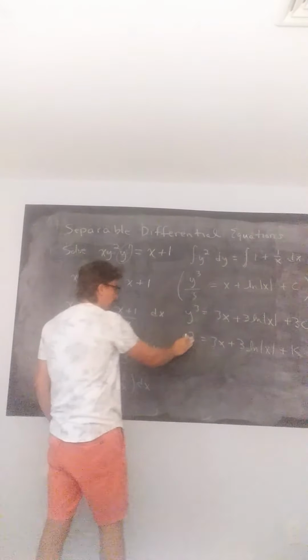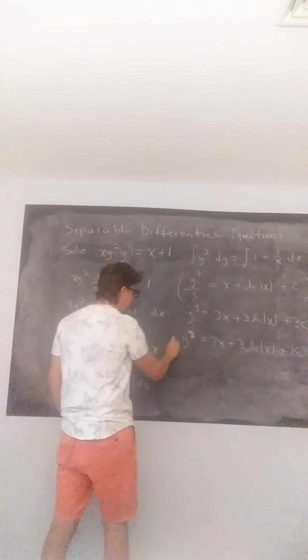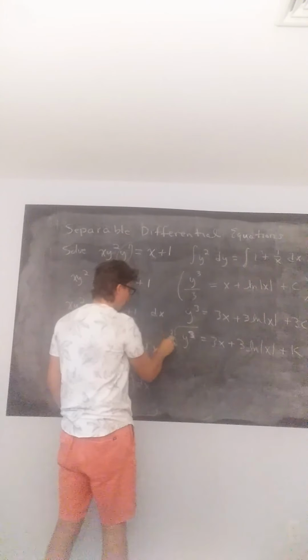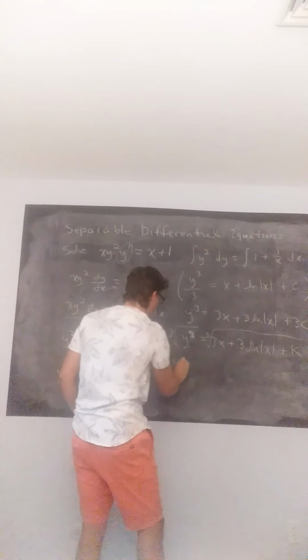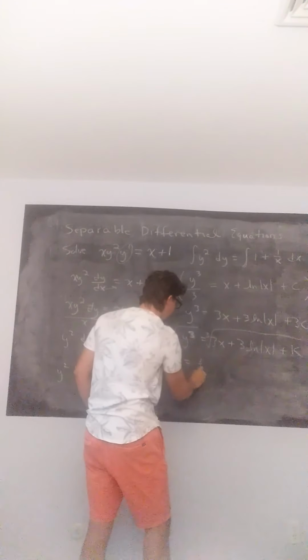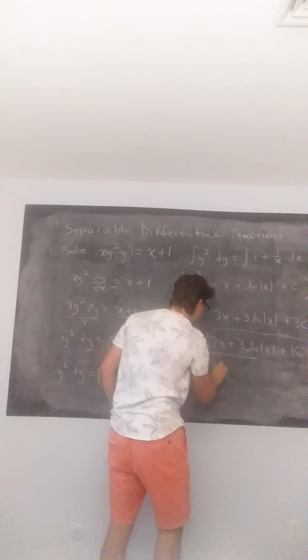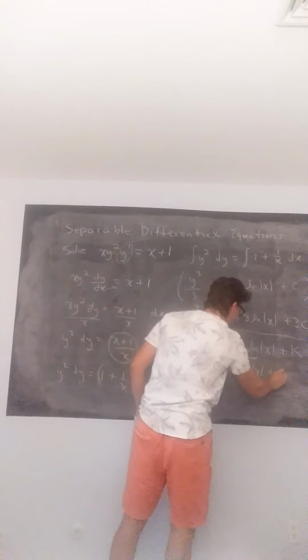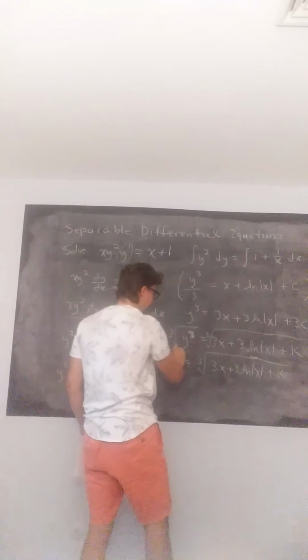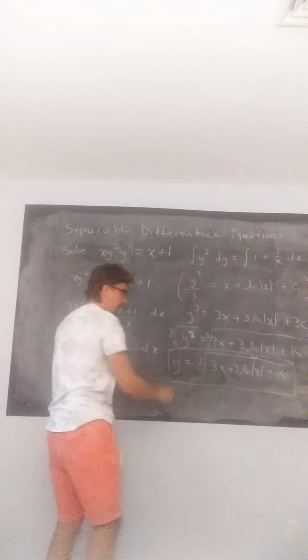And now we've got to get this 3 out of here. So we're going to take the cube root of both sides. So we've got y equals the cube root of 3x plus 3 ln absolute value of x plus some constant k. And there you go.